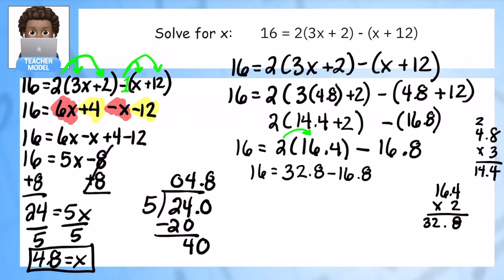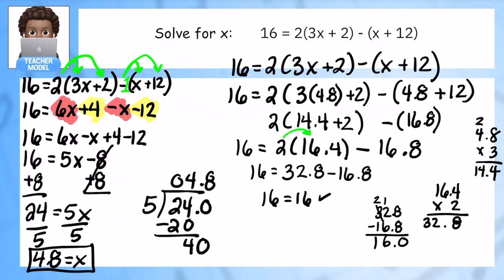We just have one more part to simplify. So let's do that last part. 32 and 8 tenths minus 16 and 8 tenths. So I have 0 in the tenths place, and 32 minus 16 is 16. We finally did it. 16 is equal to 16. Whew, we made it, and we did it without a calculator.